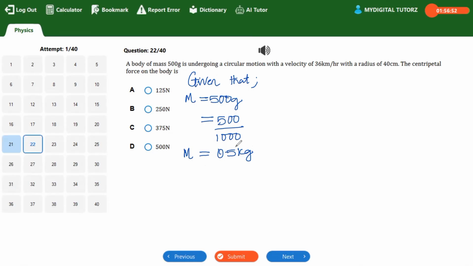Then the velocity v was given to be 36 kilometer per hour.